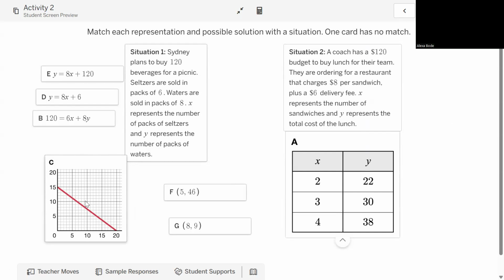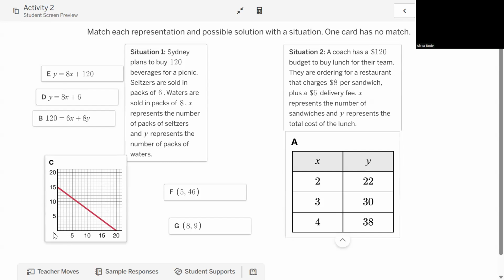The other one is in that kind of standard form. So this has a y-intercept of 15 because it hits the y-axis at 15 here. Neither of these situations talks about a starting amount or an initial fee of 15.